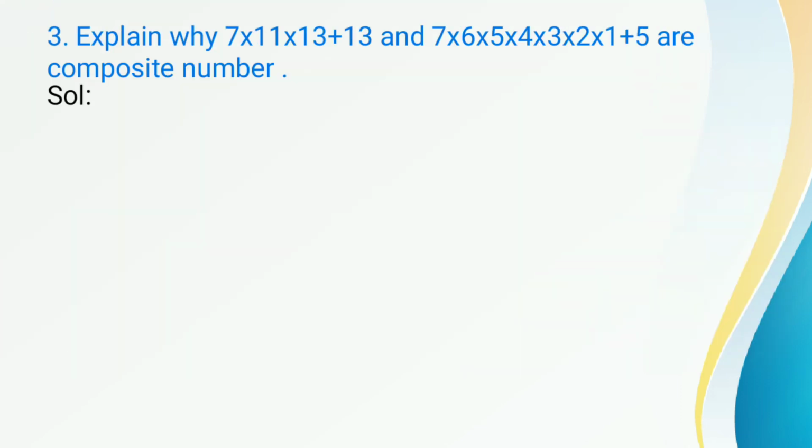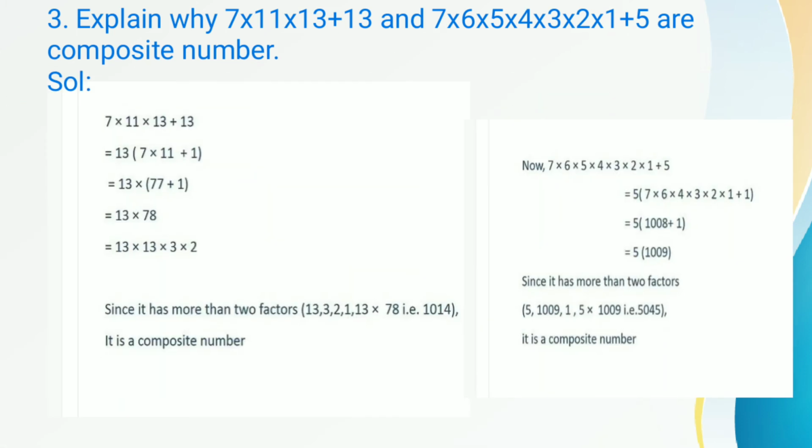Coming to the next problem, explain why 7 into 11 into 13 plus 13 and 7 into 6 into 5 into 4 into 3 into 2 into 1 plus 5 are composite numbers. We need to derive the expression to show why it is called a composite number. So the first one, 7 into 11 into 13 plus 13. We consider that 13 is common in both the terms.